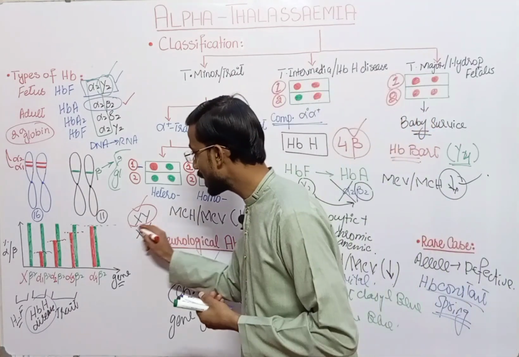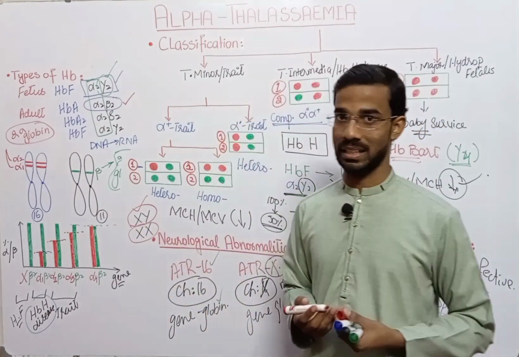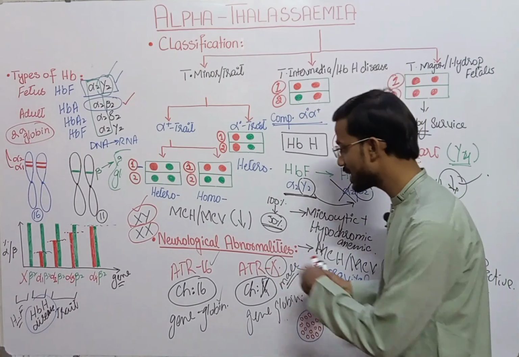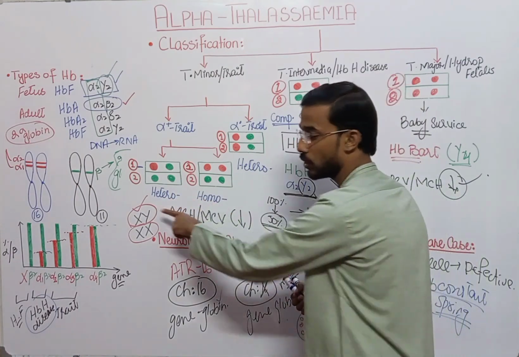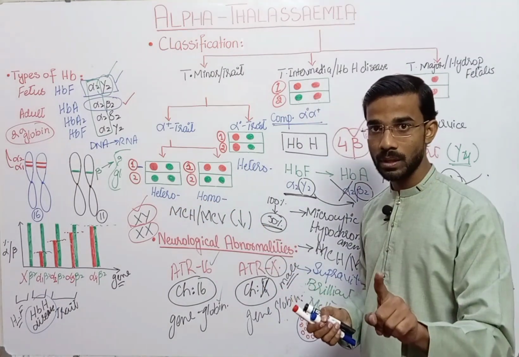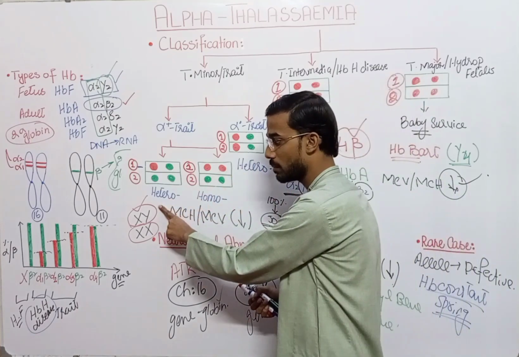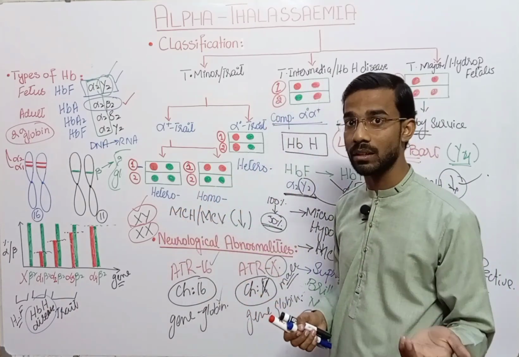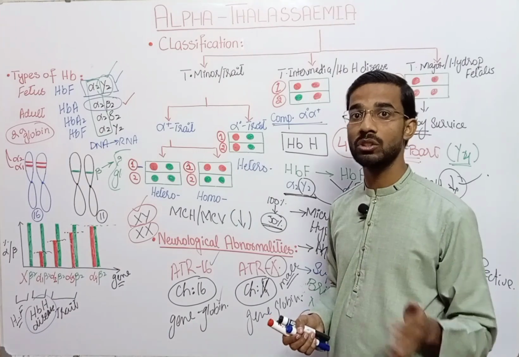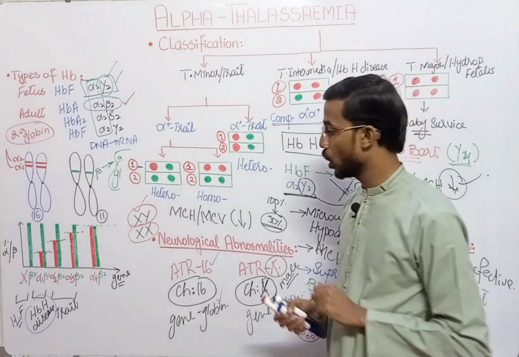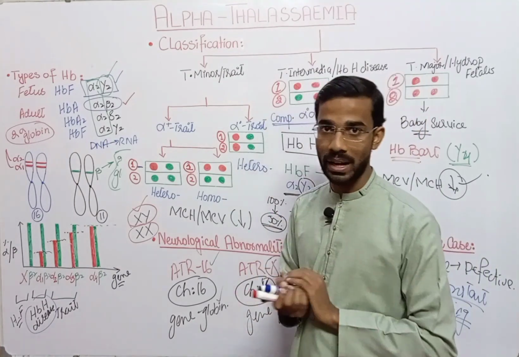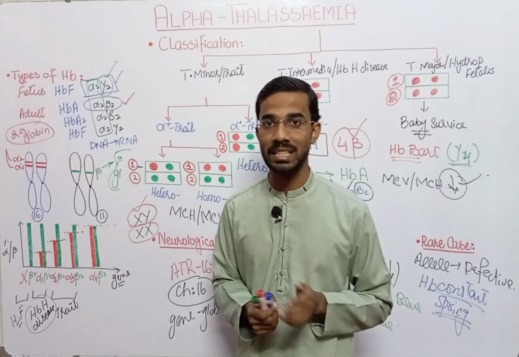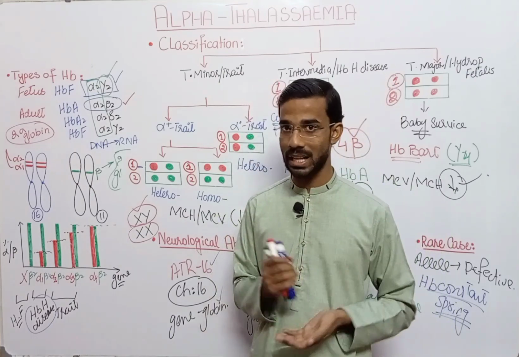But in a female, it is a carrier state. So ATR-X you will see only in males, because it is prominent in males. But the female can also carry it, and the disease symptoms will not appear in the female. So these are the neurological abnormalities which are mostly seen in alpha-thalassaemia.